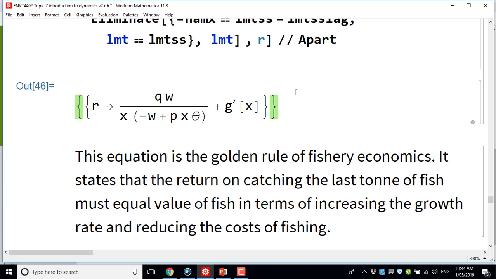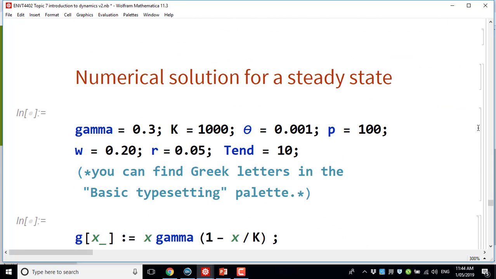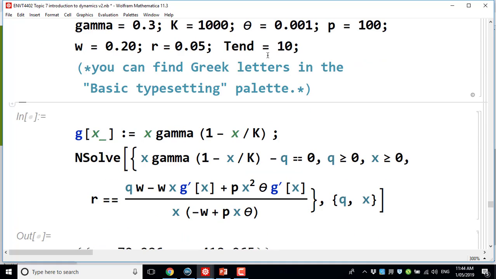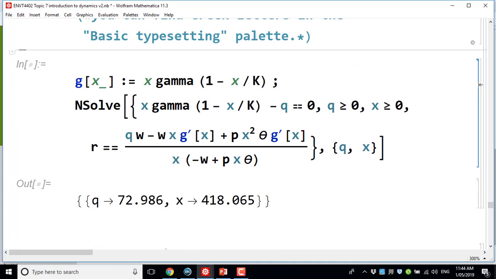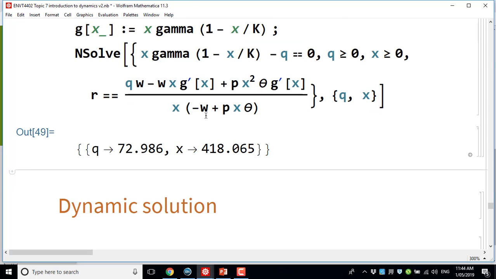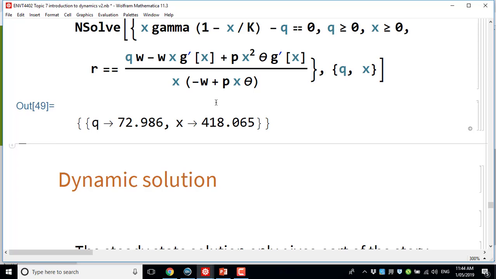So if you just evaluate these parameters, and you're defining a function here, and then you're just using nsolve, and things seem to have worked out okay.